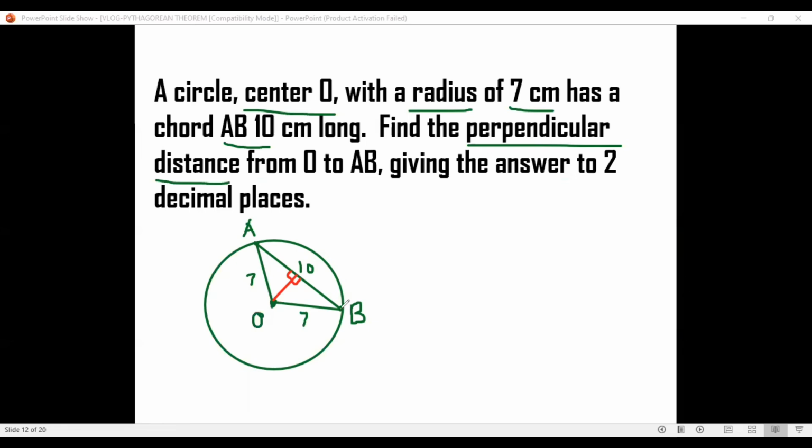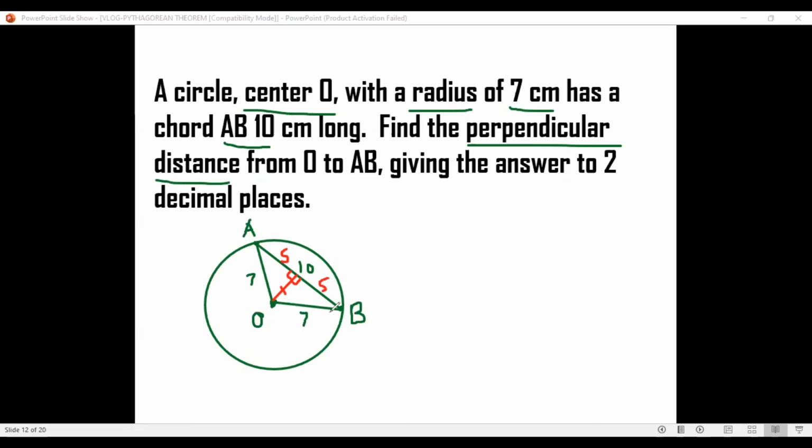So what are we going to do? We have now a 7. Since these two are equal, this must also be of equal distance. So I will divide the 10, which is the chord, to 5. I will make this one 5, and the other side also 5.